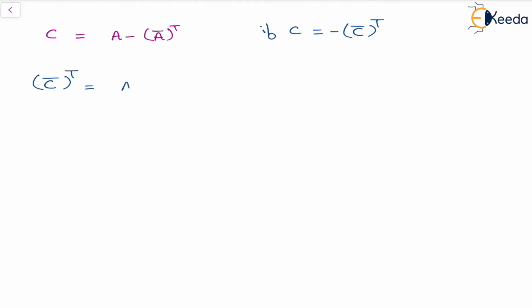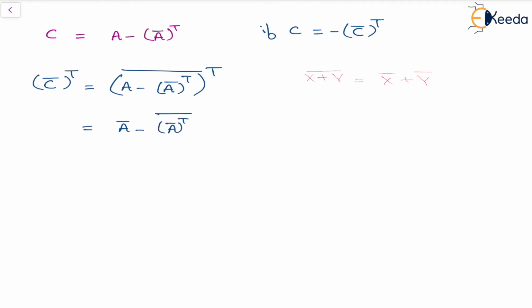So this will become A minus A transpose conjugate whole transpose conjugate. And again, as we know that conjugate of x plus y can be written as x conjugate plus y conjugate, this becomes A conjugate minus conjugate of the transpose conjugate whole conjugate.